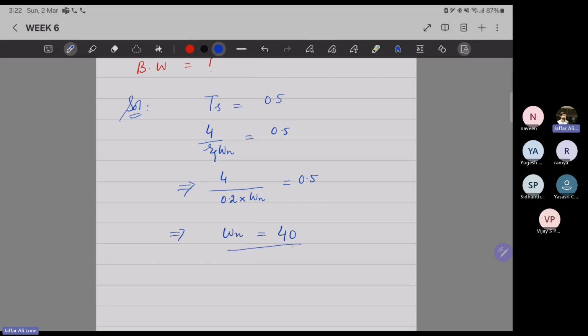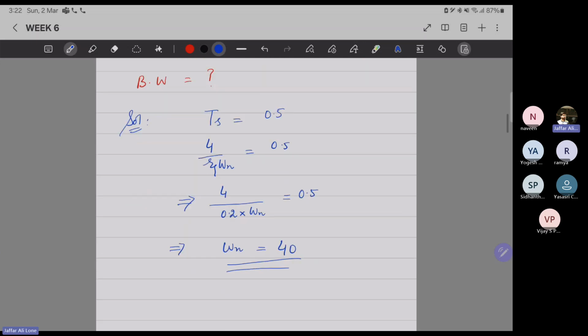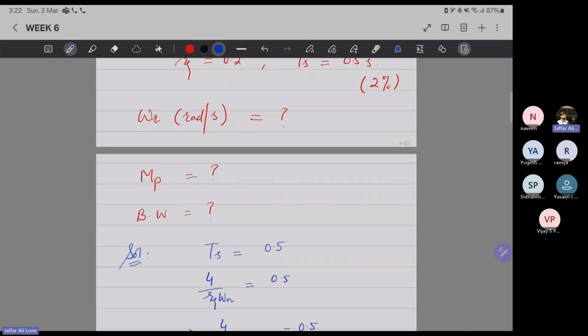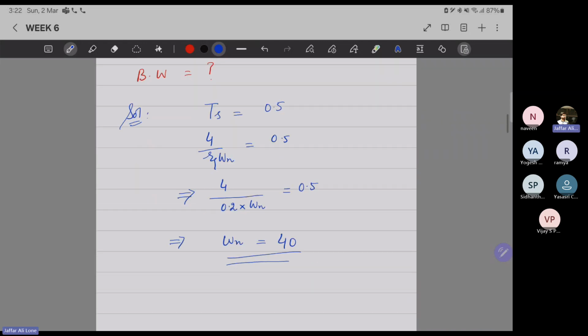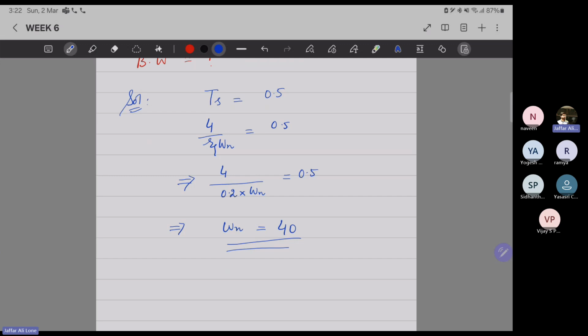Now you should be able to calculate, like putting these values in the formulas. You already know the formulas. Please tell me what's the value of resonance frequency and peak overshoot, as well as the bandwidth. Take your time. And these type of questions, similar questions, are asked in competitive exams.